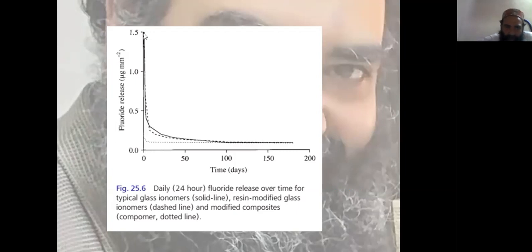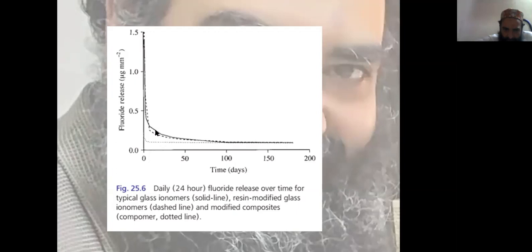So on the first day it will be 1.5 micrograms per millimeter square, and initially after some time it will be 1, and after 2 or 3 days it will be 0.5.